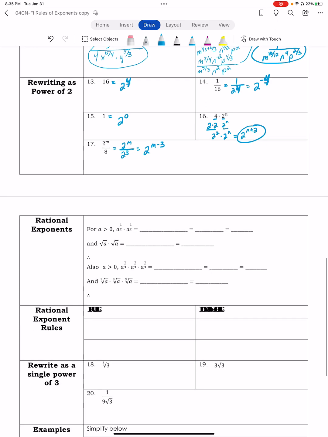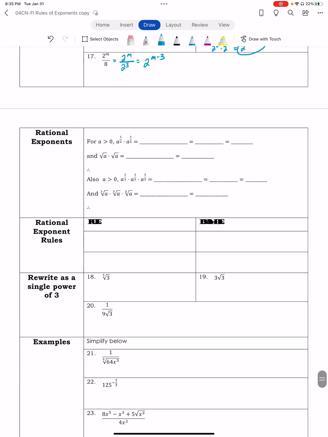Okay, and then the last thing are your rational exponents.